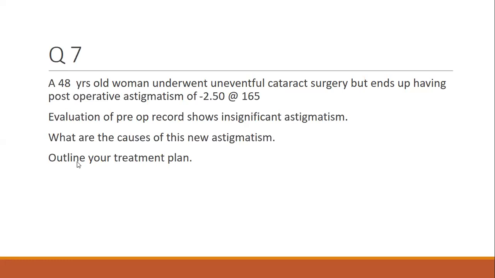Yes, very good. What else? Second, maybe surgical incision induced. Good. Third, maybe Amar, what kind of corneal incision develops astigmatism, and what kind of incision should we give to avoid this astigmatism?